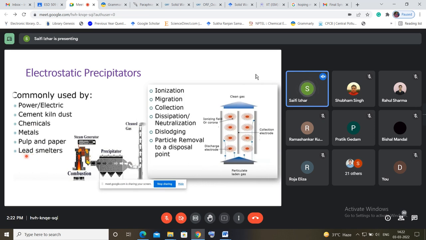That is why you see more metal industries have electrostatic precipitators, because metals are usually very fine in size compared to other components of aerosol. And these metals have the tendency to develop charges once they are brought in contact with the ionization process. So in different kinds of metal industries, you will find that electrostatic precipitators are largely used.